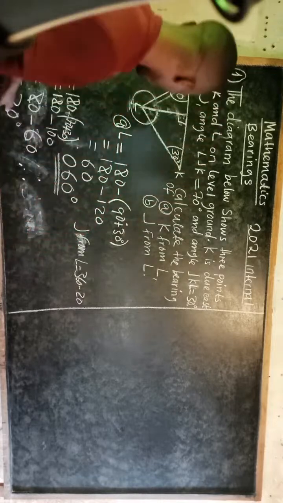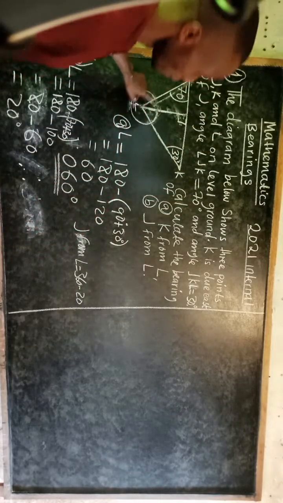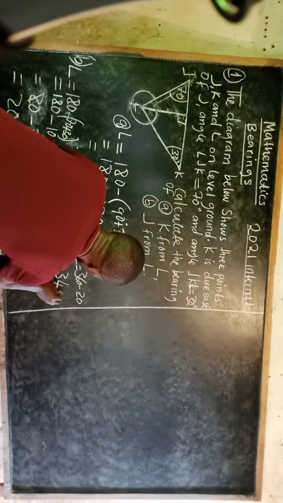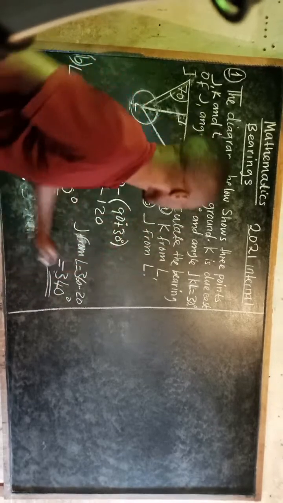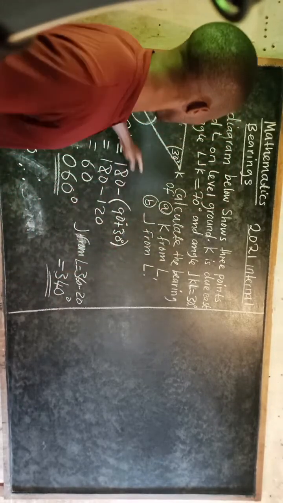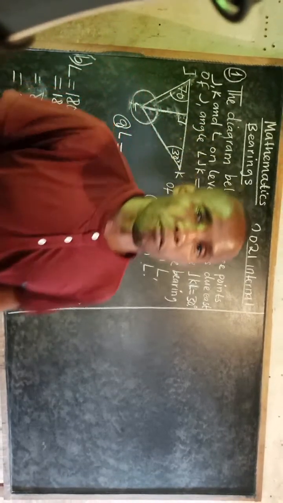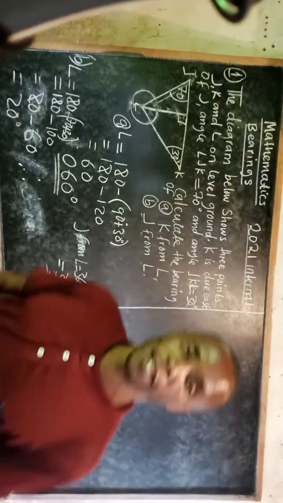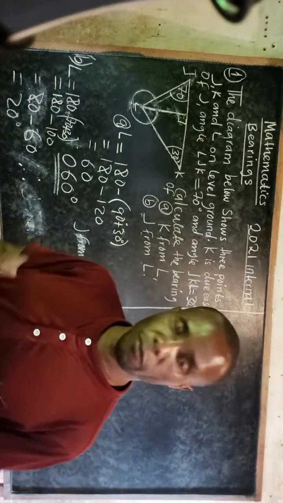The 20 now, which is here, is how we are going to know this bearing. So when you subtract, we are going to have 340 degrees. So that is the bearing of J from L: 340 degrees.